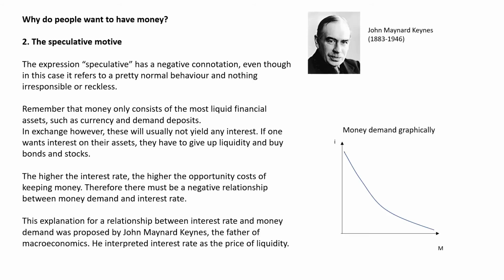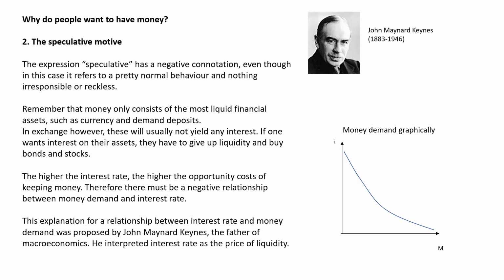This explanation was proposed by John Maynard Keynes, the great British economist who is also often referred to as the father of macroeconomics. In his interpretation, interest rate is nothing else than the price of liquidity, and a few slides ago, if you remember, I interpreted interest rates as the price of investment. So these are then two compatible but still different interpretations of the same macroeconomic variable.